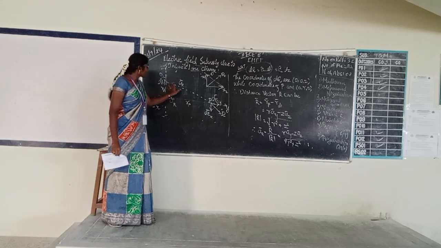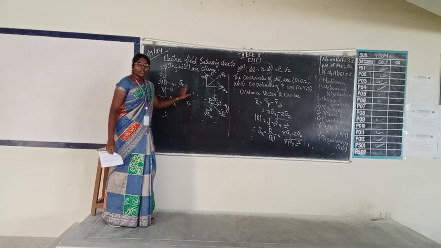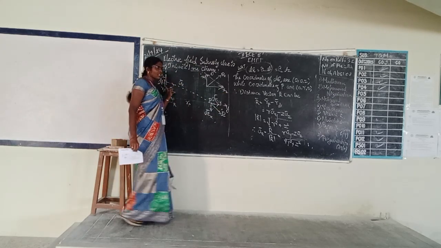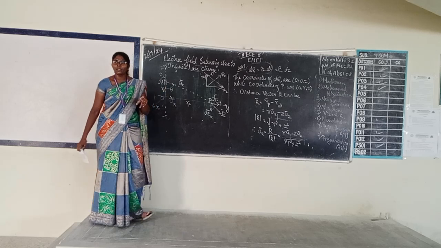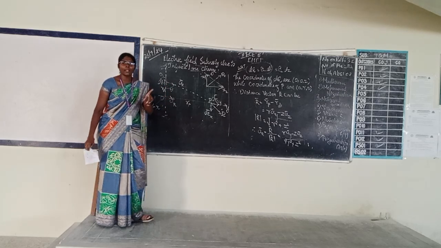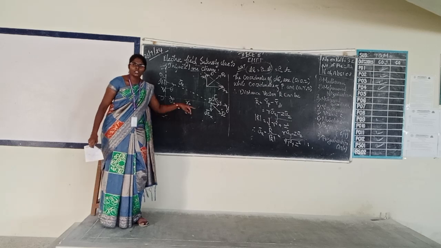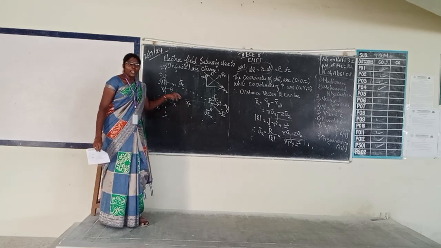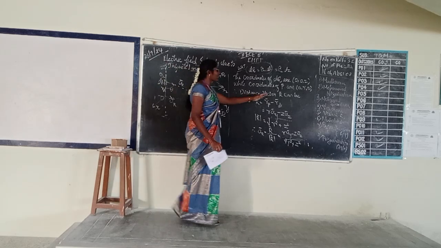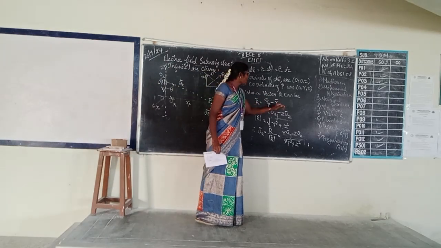So the distance vector R will be rp minus rdl. Can you follow me? This is the distance formula in vector form, x2 minus x1, where x2 is rp and x1 is rdl. So the distance vector R can be rp minus rdl.